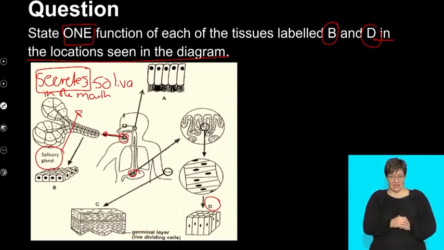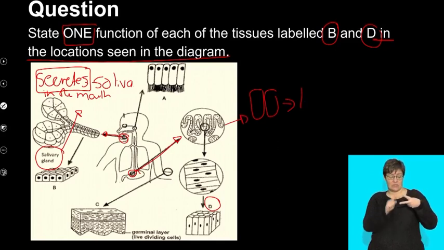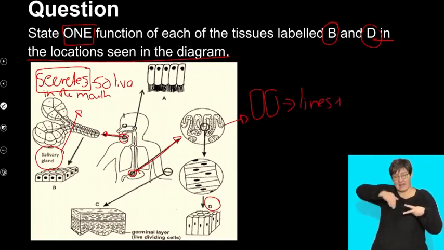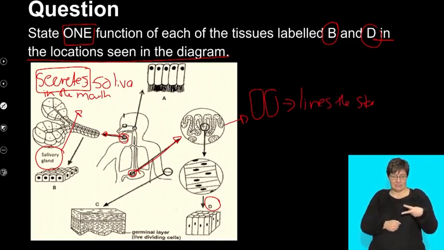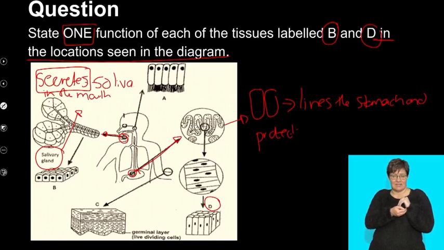So if we're looking at the stomach, what do we know about epithelium in the stomach? What does it secrete? All right, epithelial, it can have two things. It lines the stomach and protects the stomach from what?